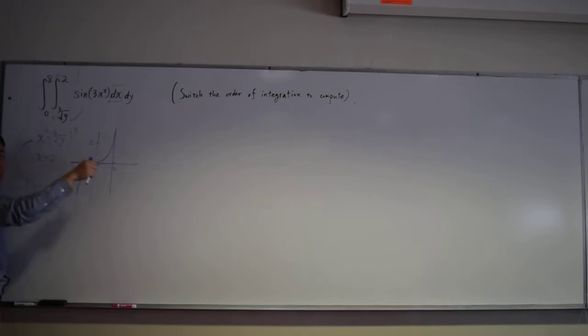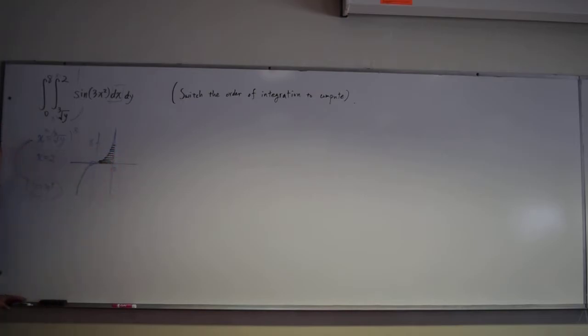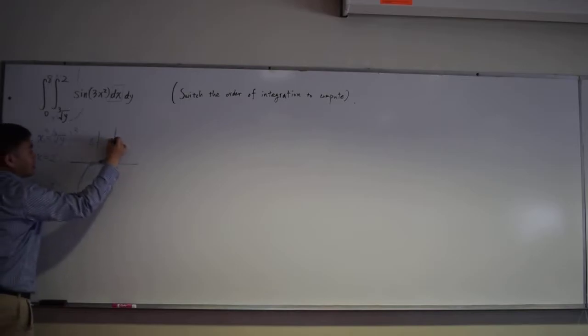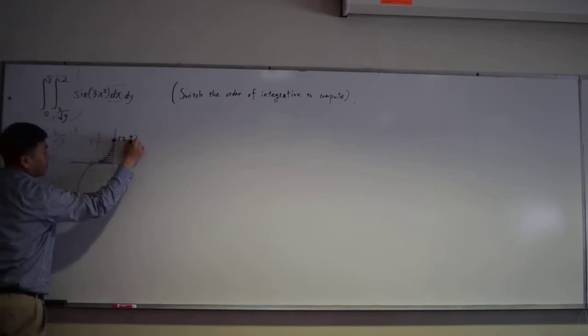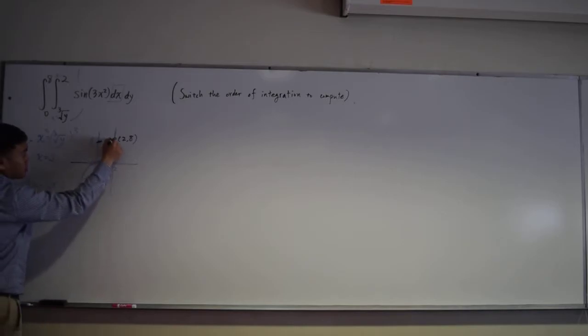Going right, if you do that, you eventually sweep out this domain. And they actually meet at (2, 8), because if you plug 2 into this function, you get 8, right? So you do have this domain.